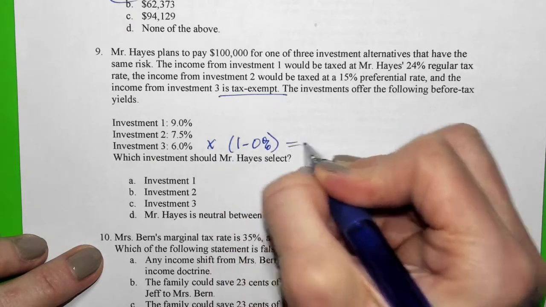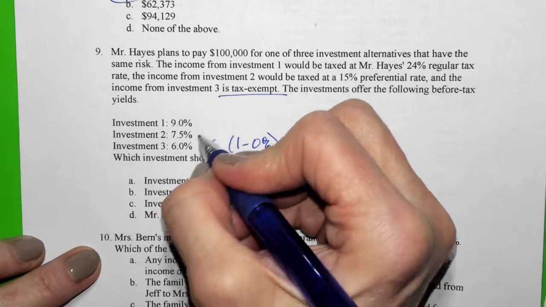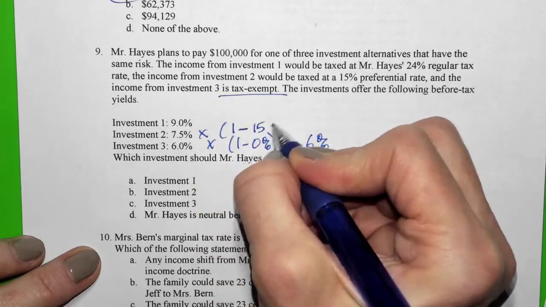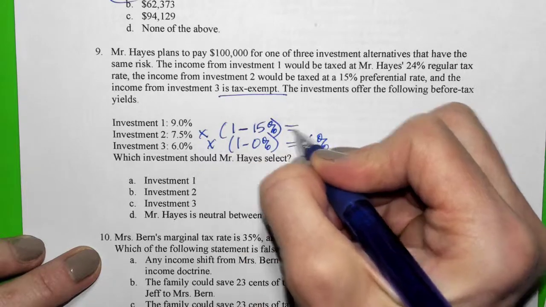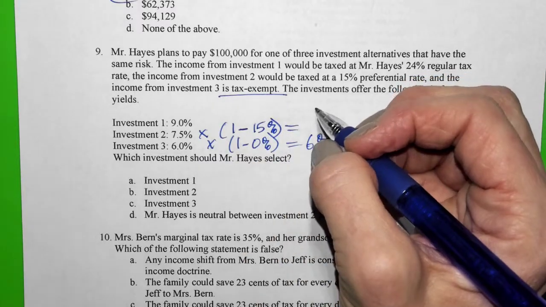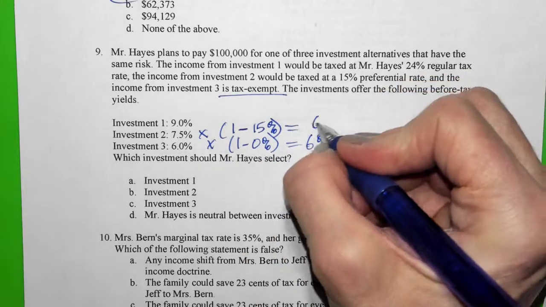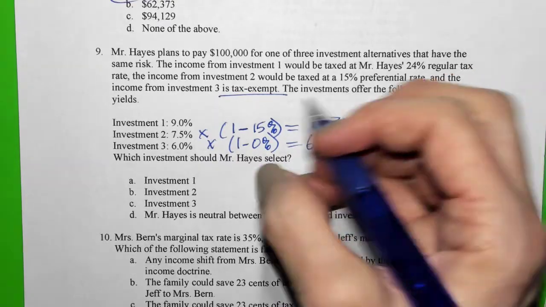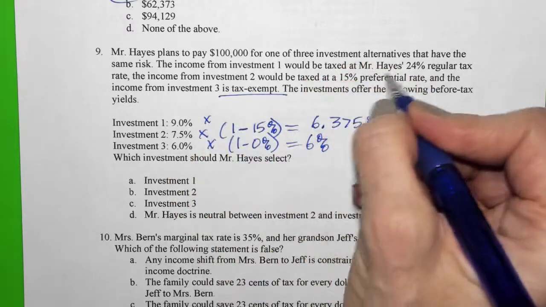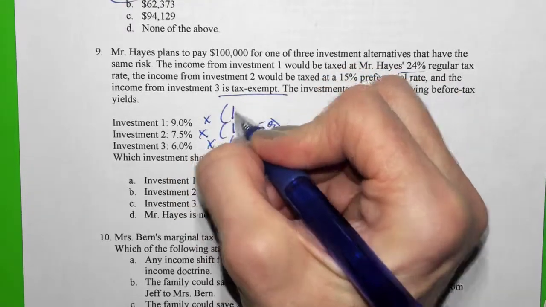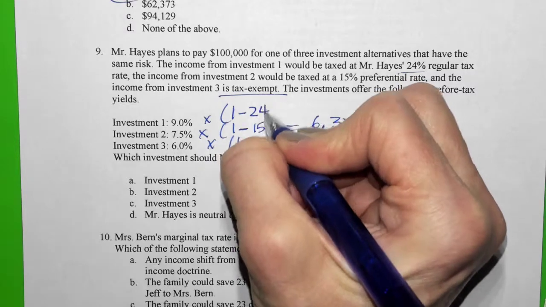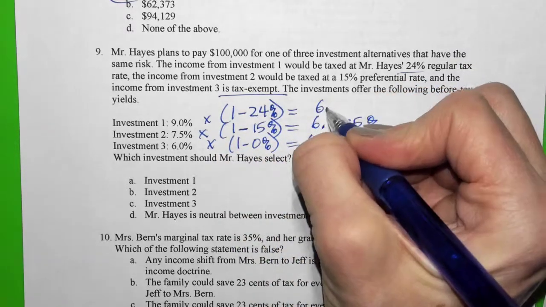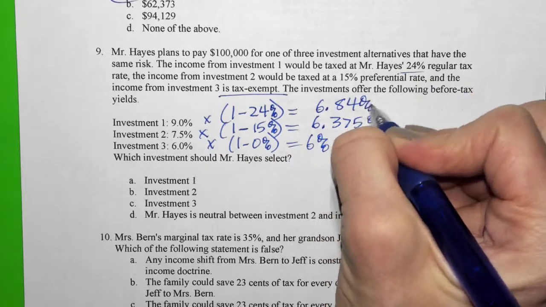The 7.5% is taxed at 1 minus 15%, so I get to keep 85% of it, and that yields 6.375%. And then investment 1, I have to pay tax at 14%, so I get to keep 86% of it, and that's 6.84%. So I should invest in investment 1.